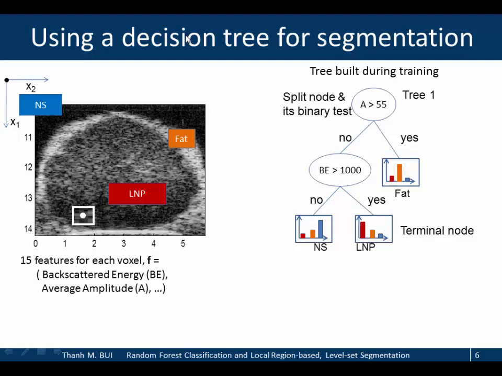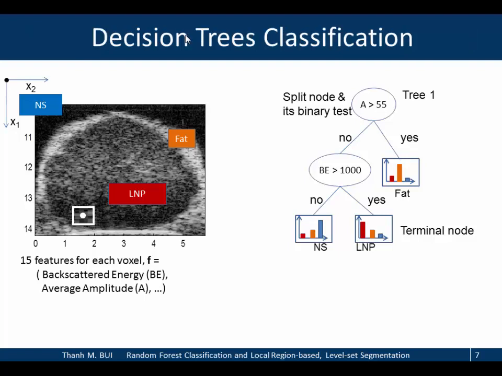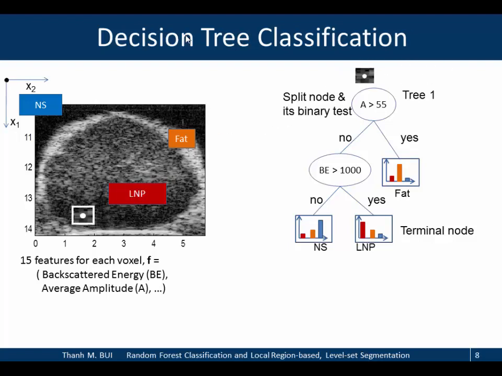The split nodes contain a binary test function to be applied to the incoming data, and terminal nodes contain a class distribution of all the labeled voxels that reached them during training. So during training, we build a tree. During classification, for each voxel we extract the feature vector and let it traverse each tree until it reaches a leaf node, a terminal node.